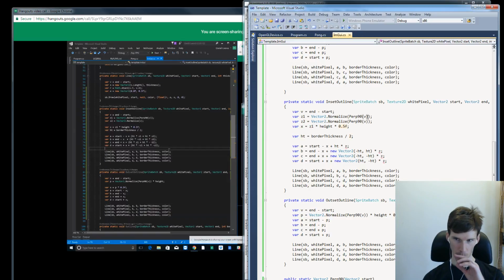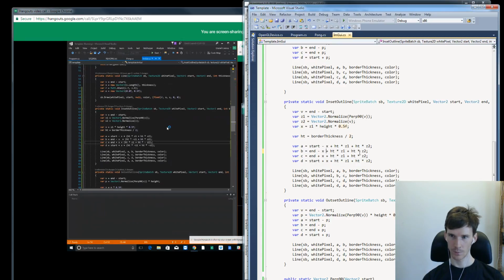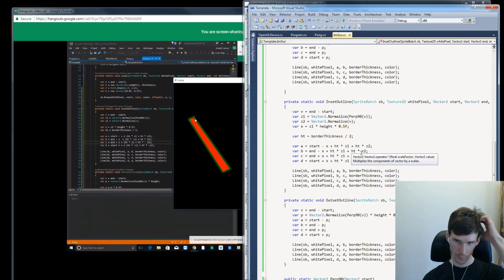B. Definitely negative Z. So C and D are probably the wrong ones because they're kind of thicker at the edge. I know A and B are probably properly inset. Or actually, B and D look like they might be.